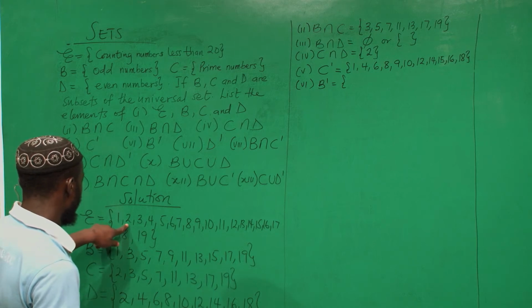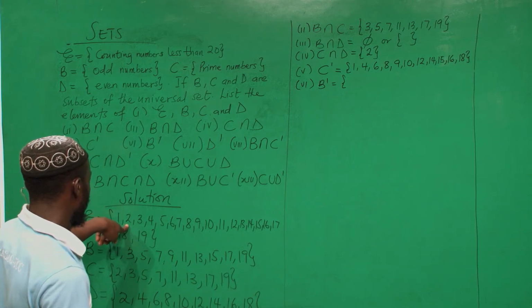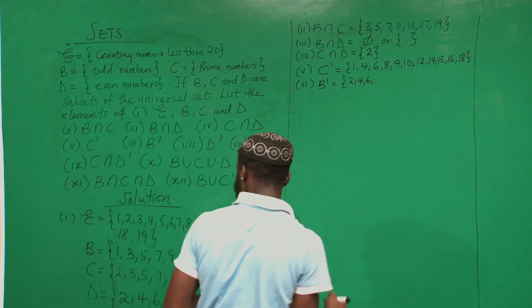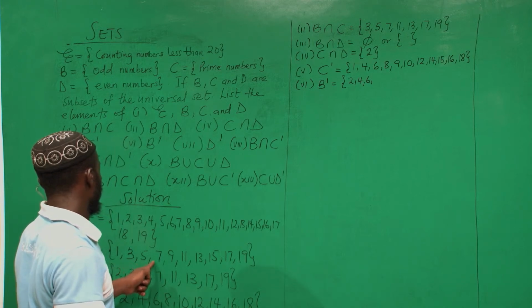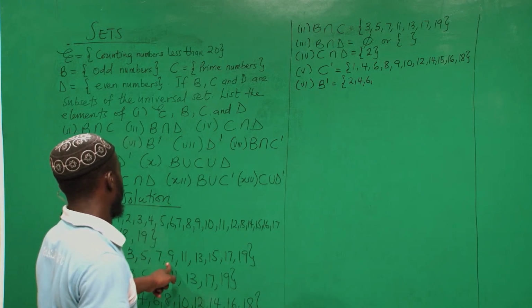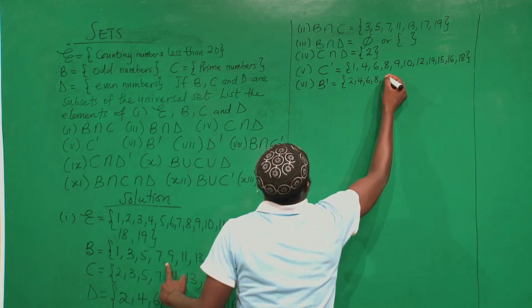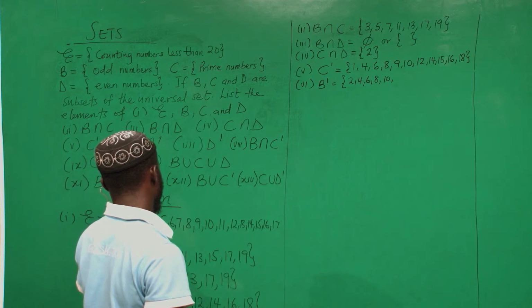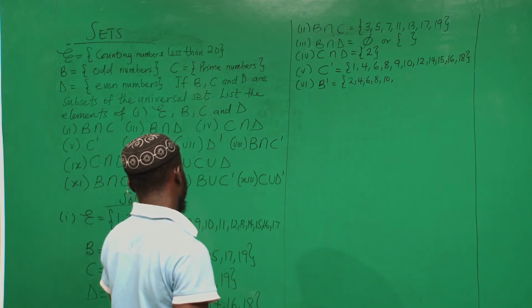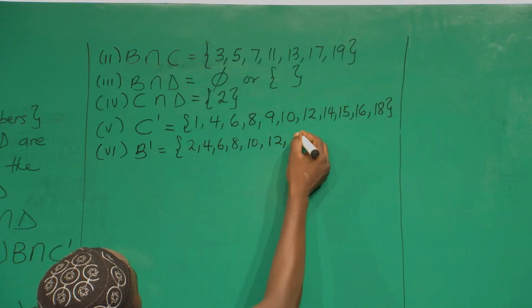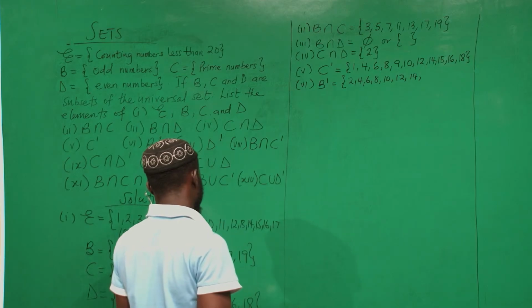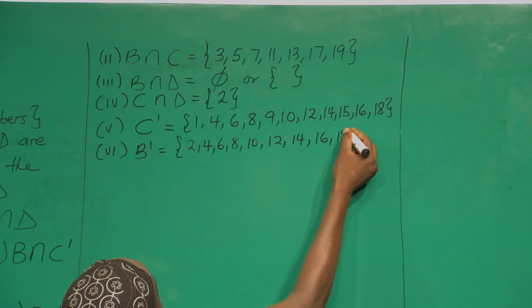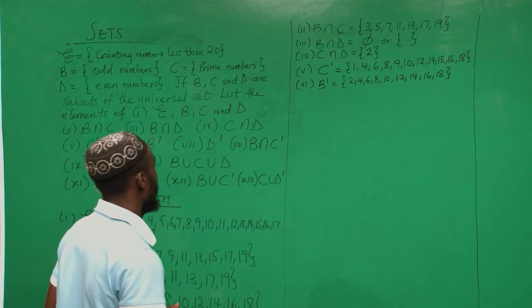So we have 2, 4, 6, then 8, 10. 11 is there, so 12, 14. 15 is there, so 16, 18. That is the B complement.